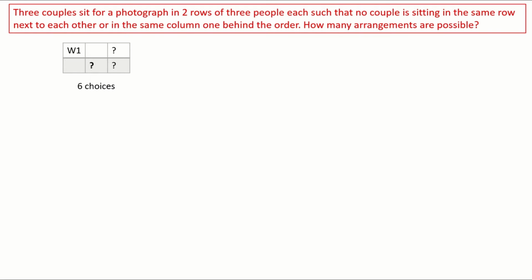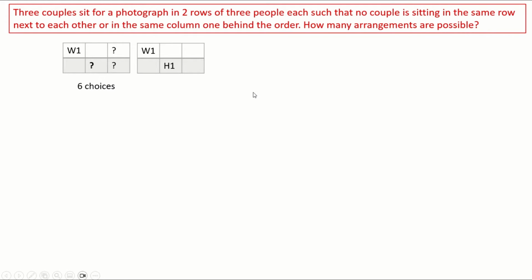Let's take options. First, let's say wife 1 is sitting; she has 6 choices, right? She can sit anywhere. Then the husband can sit only in 3 places. So let's take one of them, husband 1 sitting here. Let's also see the other 2.